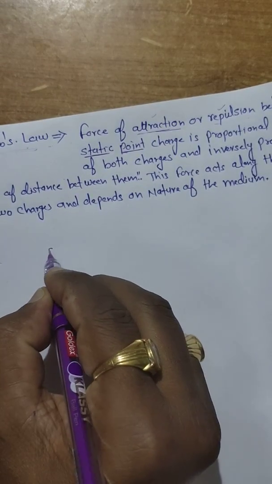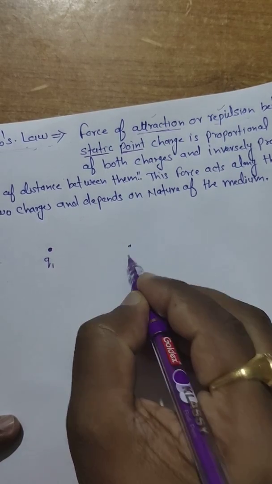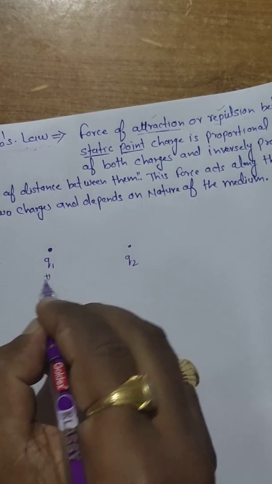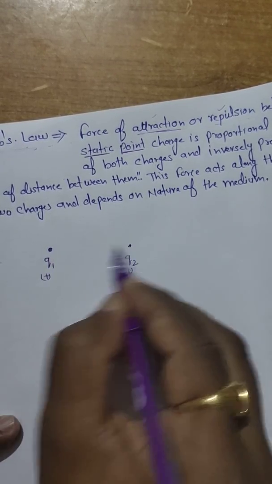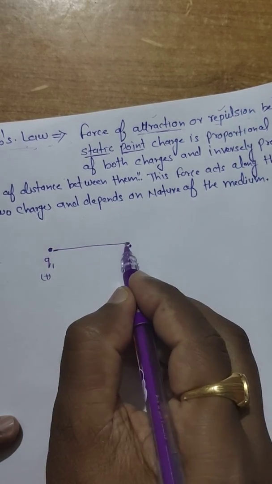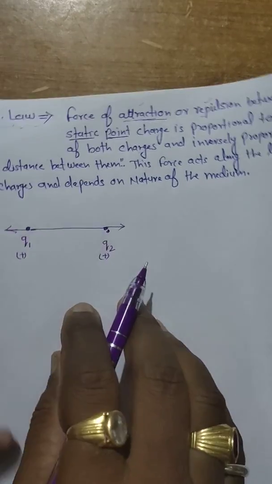Suppose this is a point charge Q1 and another is a point charge Q2. Suppose the nature of this charge is positive and this is also positive. So the force between them is repulsive, which means both are repelled from each other.